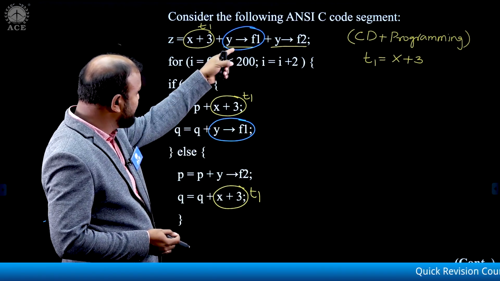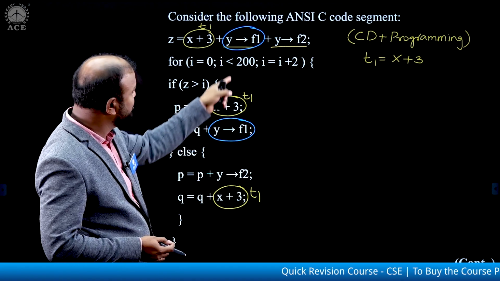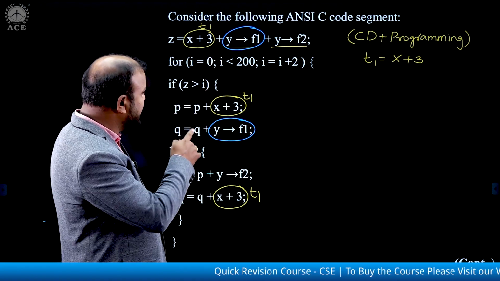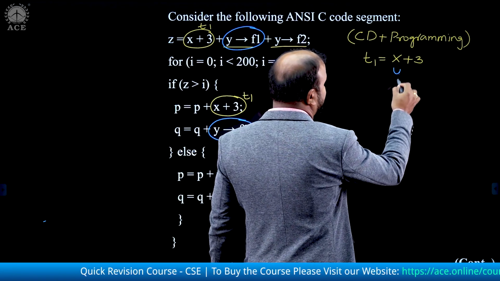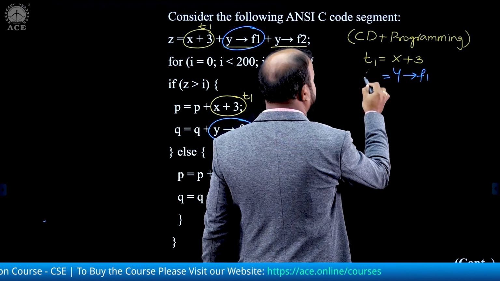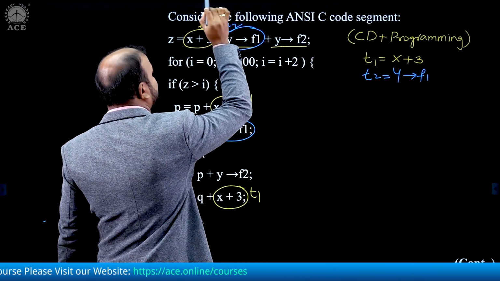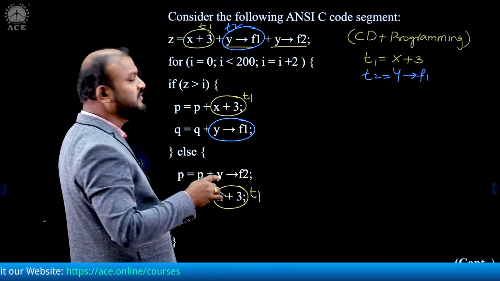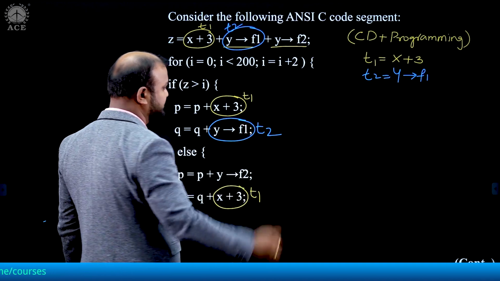Between these two, just observe, is the value of f1 changed? No. Then I found the second common sub-expression, y to f1. This result I am calling t2. So instead of dereferencing one more time, I can use dereferencing only one time.